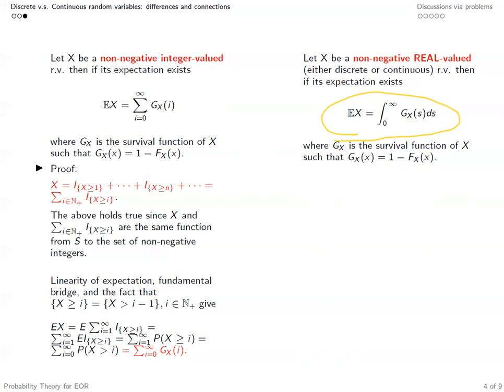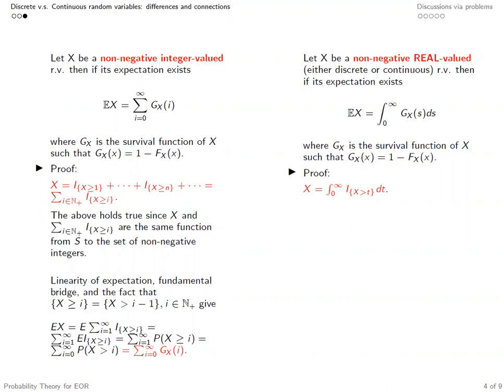The question is, how do we prove this result? You can pause the video at this moment and try to think about it. Well, the proof is again by noticing this identity.